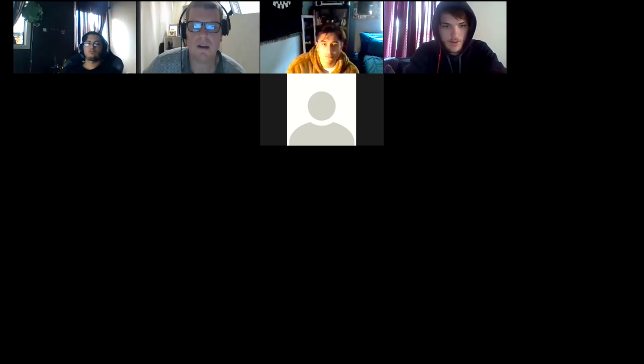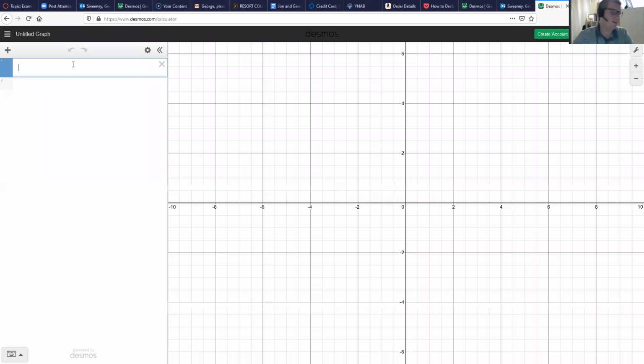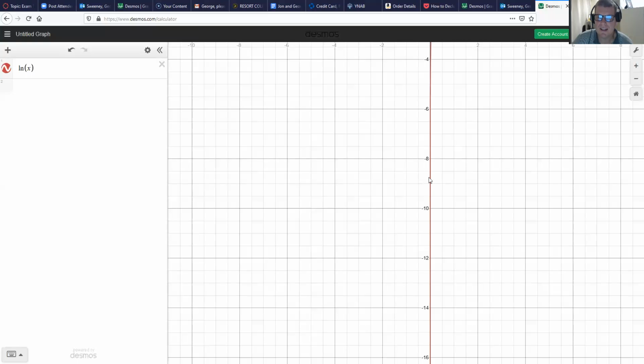Okay, all right. So here's the natural log of x. It's got an asymptote at 0, right? And as we get closer and closer to 0, it just keeps tunneling downward.